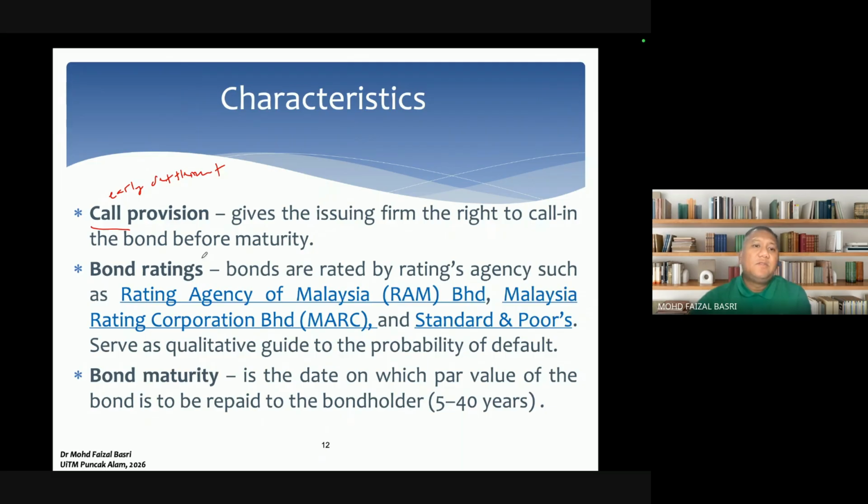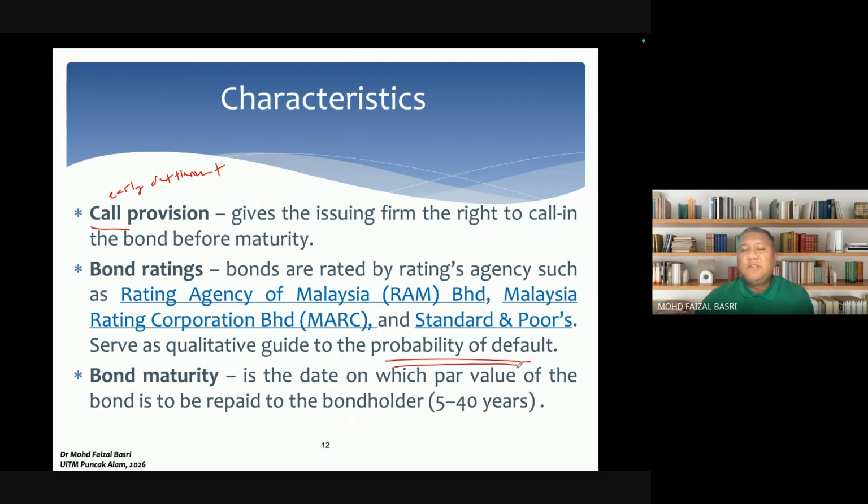Okay. And on top of that, dia ada bond ratings. Semua bond issued in Malaysia, corporate bonds must be rated by rating agencies. So ni contoh-contoh rating agencies yang ada lah. So the rating agencies akan bagi markah ataupun bagi grade to the bond. The higher the ratings, the lower the probability of default.